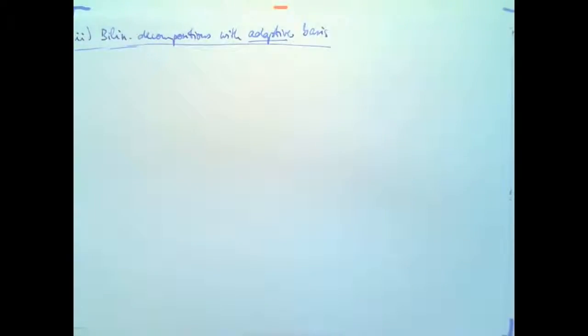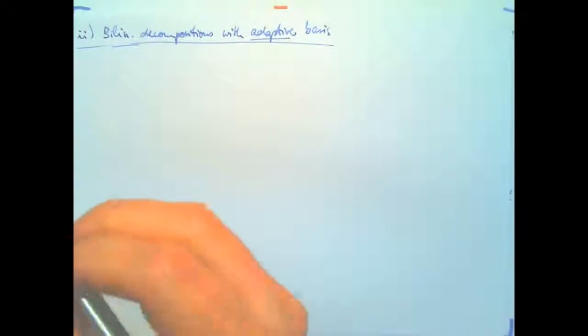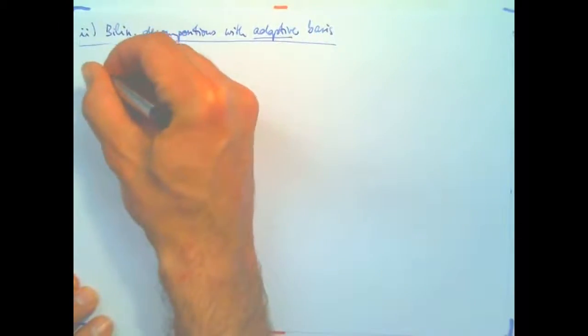Now I want to talk about systems or bilinear decompositions where the basis does depend on the data. And well, PCA is obviously one example, but I want to start with a different one here. I want to start with vector quantization.